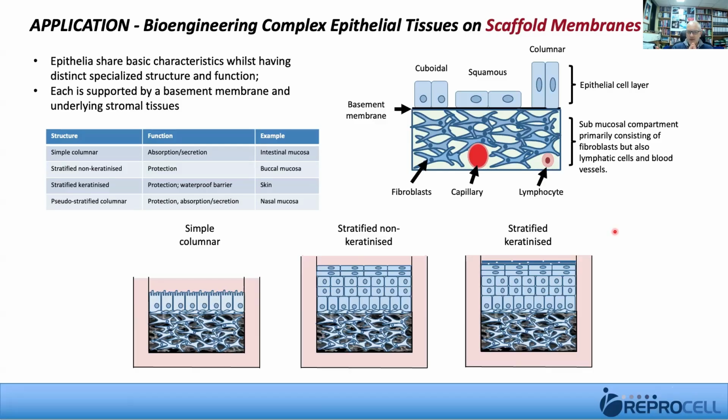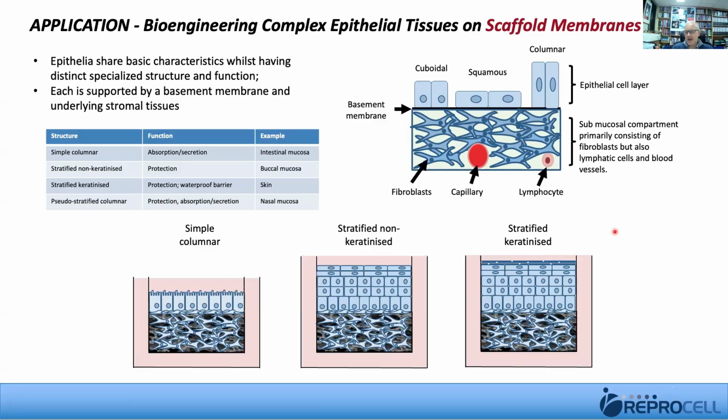In the intestine, we have a simple columnar epithelium designed for absorption and secretion, whereas in the skin, we have a stratified keratinized epithelium designed for protection, a waterproof barrier, for example. So they're very different in terms of their anatomy, their physiology, and their function.